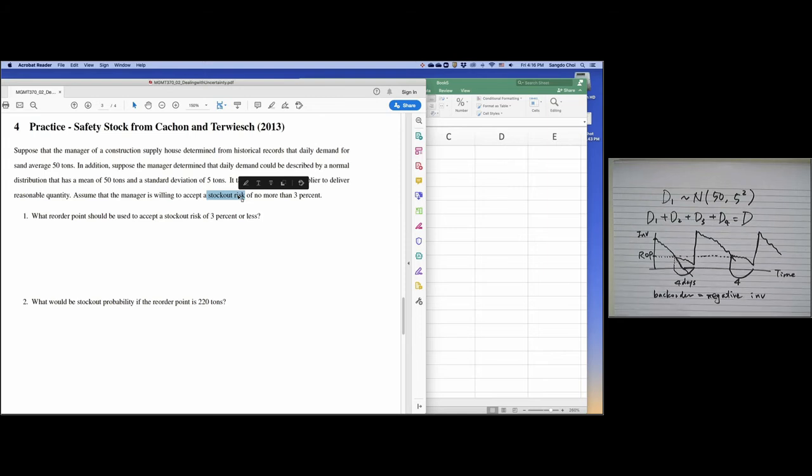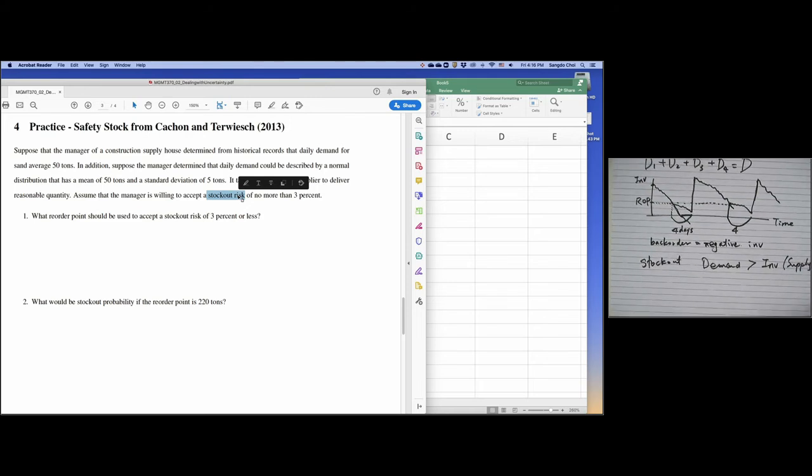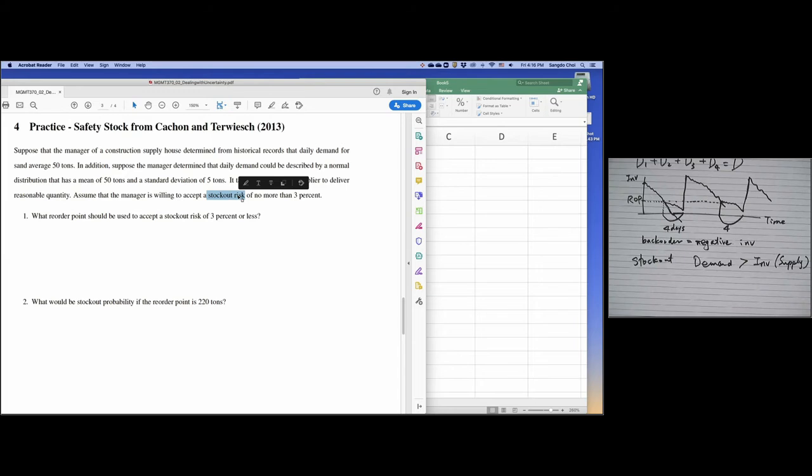So now think about stock out. When do you have a stock out? Stock out is if your demand is greater than your inventory, or your supply, right? Economics and the supply chain deal with matching demand with the supply.